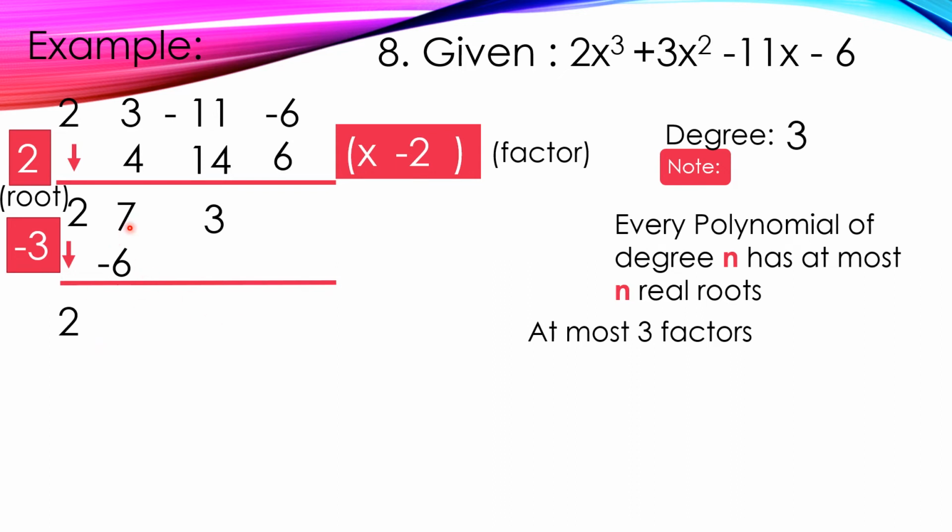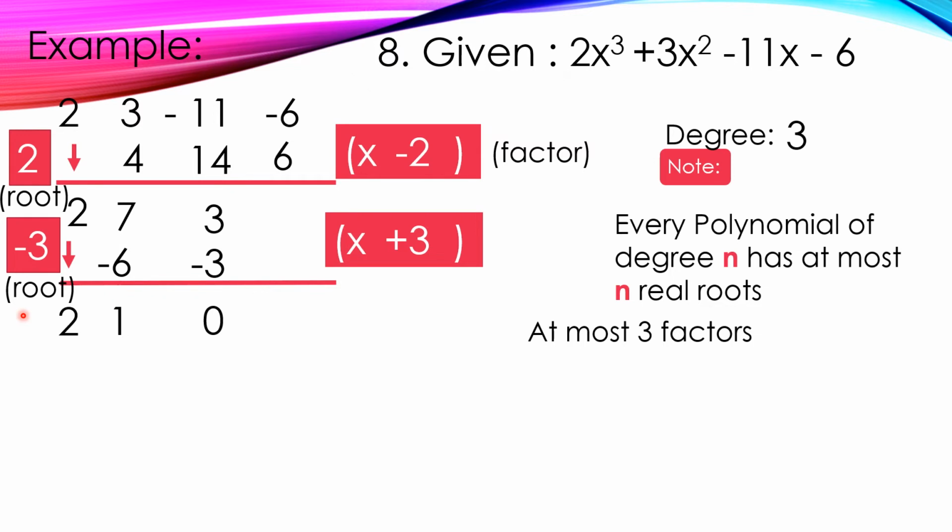Then add 7 plus negative 6, that is positive 1. 1 times negative 3, we have negative 3. Then 3 plus negative 3, that is 0. Again, since the last number is 0, we can say that negative 3 is also a root of the given polynomial, and at the same time, x plus 3 is one of the factors.